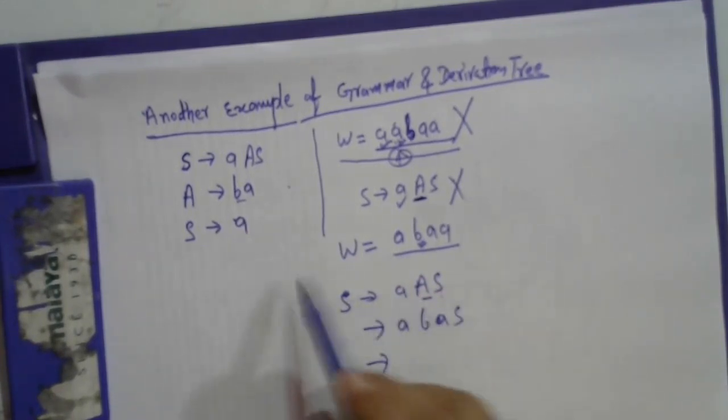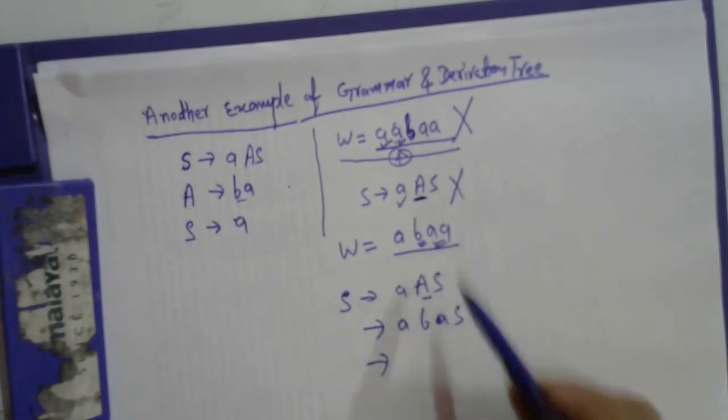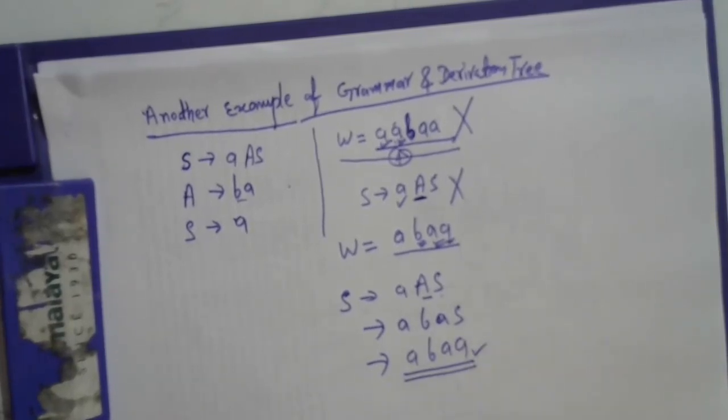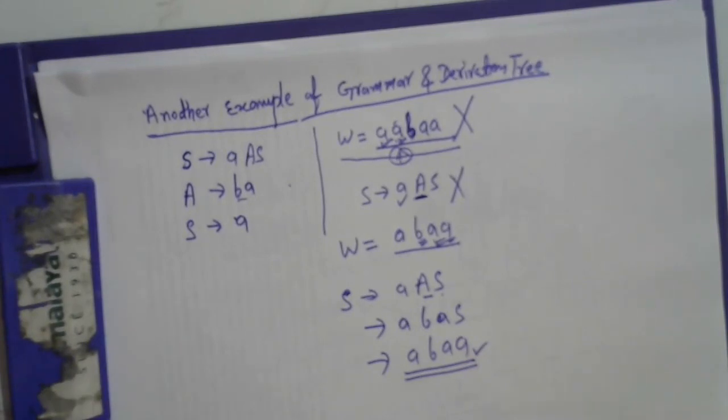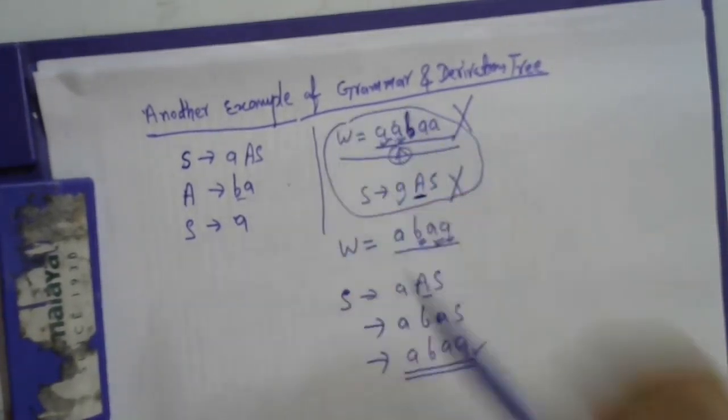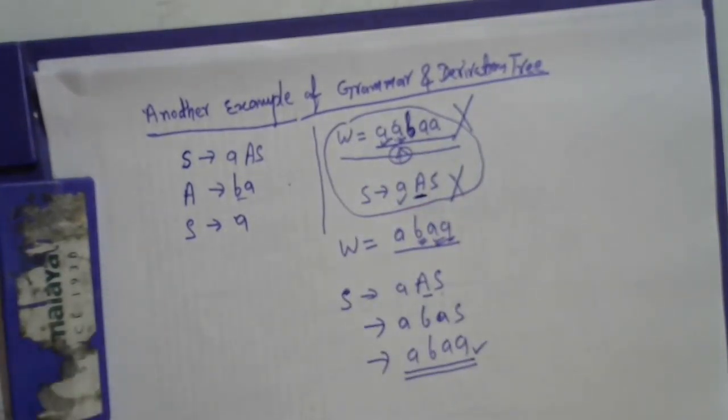Then B is already encountered and we require the final A. Then we are using A, B, A, A, and we get the required W with the help of this grammar. But we are not getting the previous W.